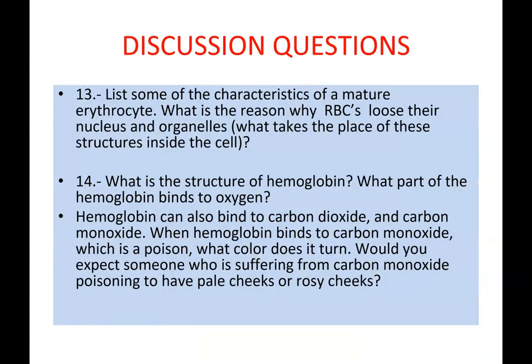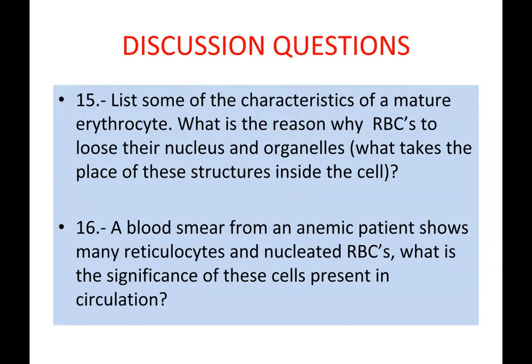So you should know the characteristics of a mature erythrocyte. What do they carry inside? What is hemoglobin? What is the structure of hemoglobin? And what does it bind? Know the characteristics of a mature erythrocyte and the reasons why they lose their nucleus and their organelles.